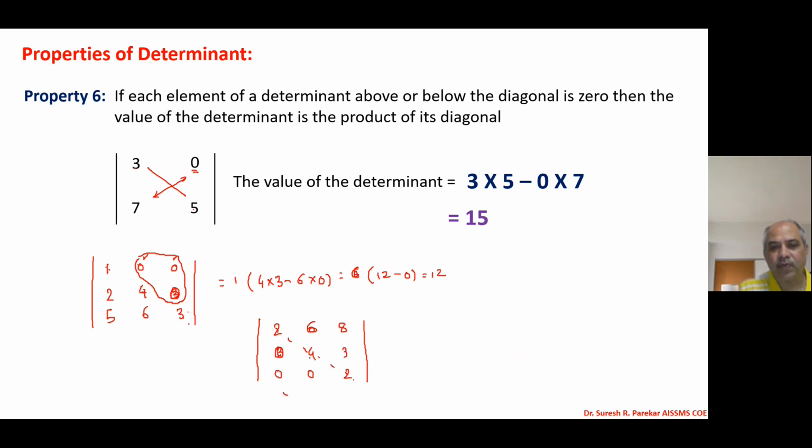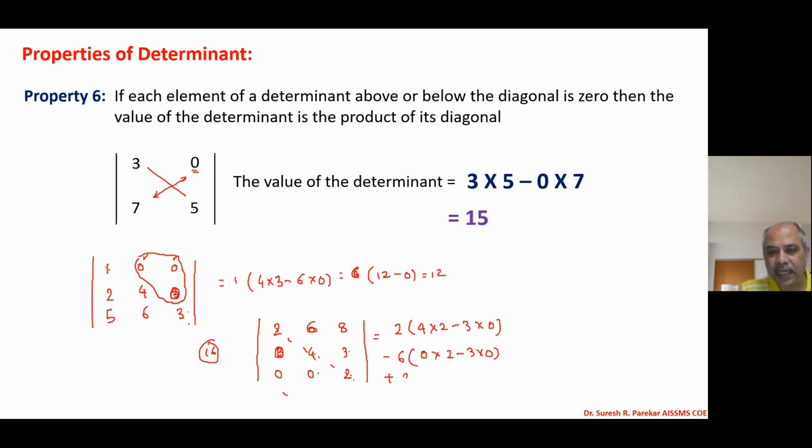Now what will be the value? 2 4s are 8, 8 2s are 16. It should be 16. Now we will check it. We have 2 into 4 into 2 minus 3 into 0. Minus we have 6 into 0 into 2 minus 3 into 0.